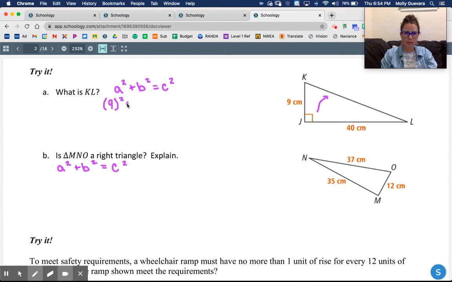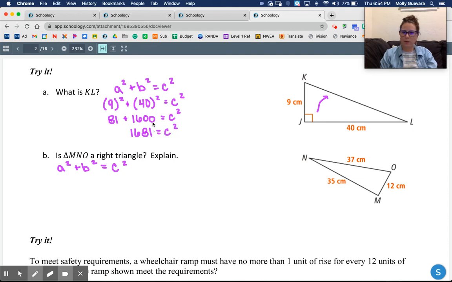It doesn't matter. So B is 40 equals C squared, and I'm just solving for C. 9 squared is 81. 40 squared is 1600 equals C squared. If I add them together, I get 1681 equals C squared.